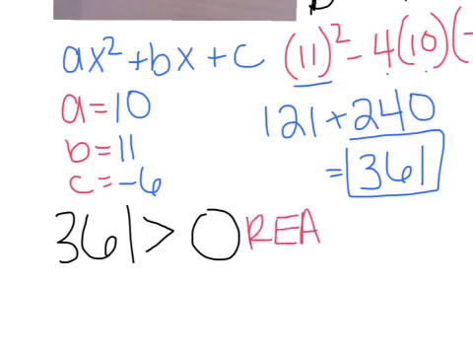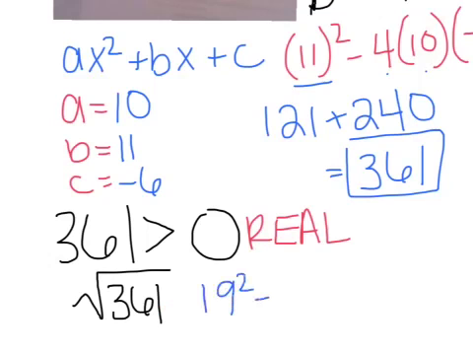They're real numbers. Next thing you have to think about is, what is the square root of 361? Is it a perfect square? In the case of 361, it is a perfect square, because 19 squared is equal to 361. So, since 361 is a perfect square, that means your roots are rational.